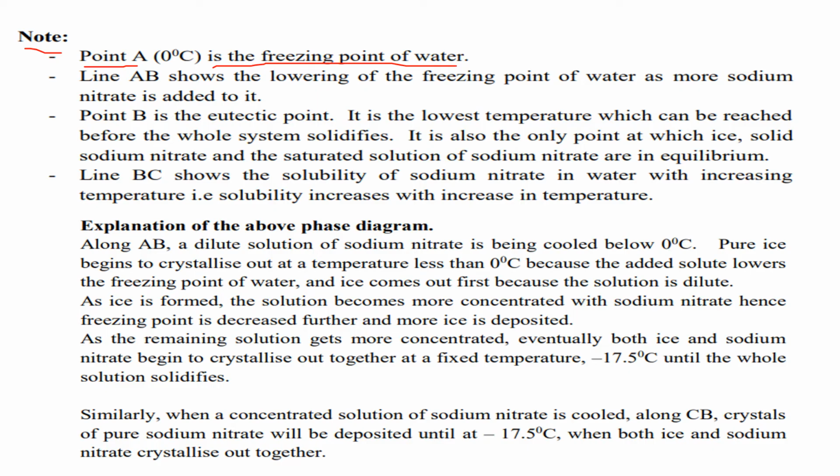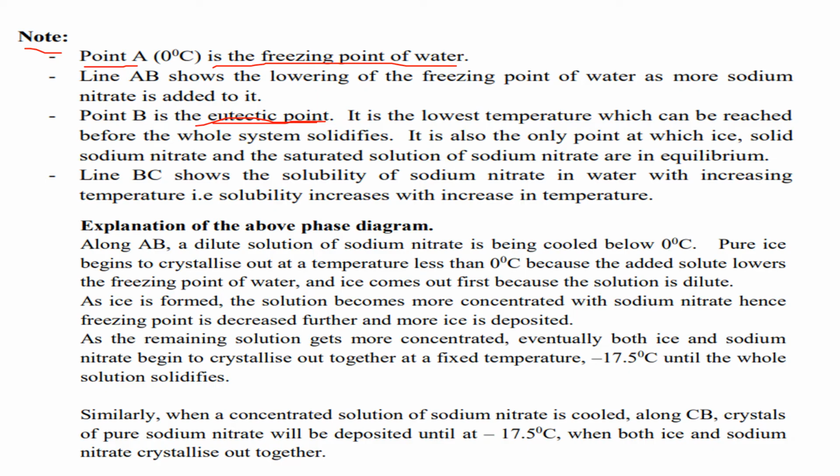Then what about point B? Point B, we have said that this is going to be our eutectic point, and we are saying that it's the lowest temperature which can be reached. The eutectic point, like I've explained, is that point where all the components in the liquid mixture solidify out.